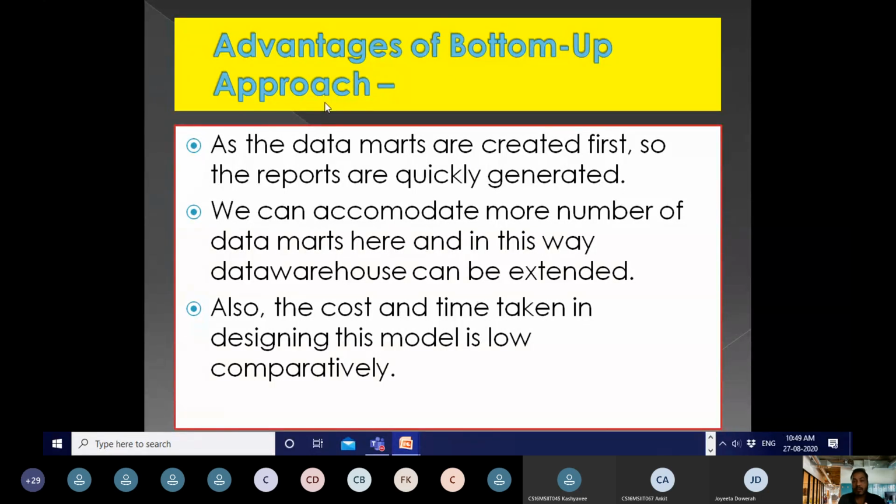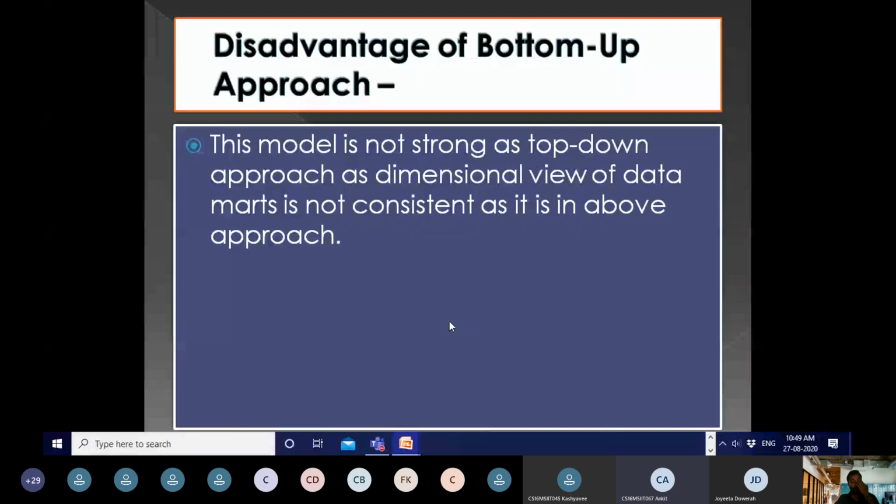Now, can you tell me one disadvantage of this bottom-up approach? Sir, this bottom-up approach is applicable only for a small group of organizations, because for a large organization, the top-down approach will be better.